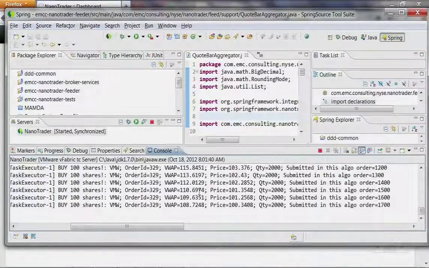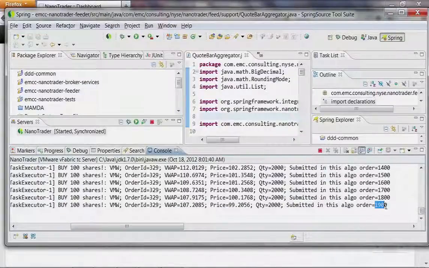So it's like rapid machine gun. Then you see, and we're almost at 2,000. Okay, and there it'll stop. So throughout the trading day, when the price dips down, those are called slice orders. So that's what EMC Consulting has done with NanoTrader.